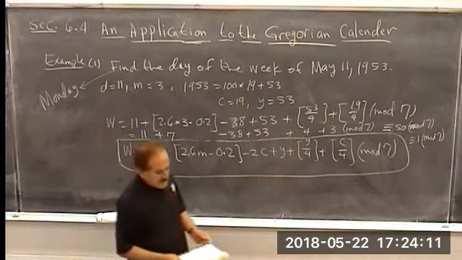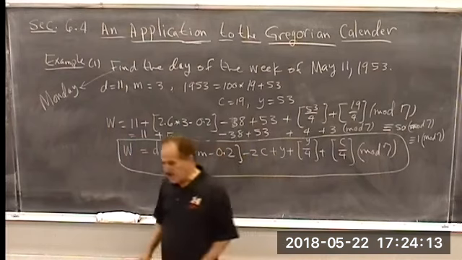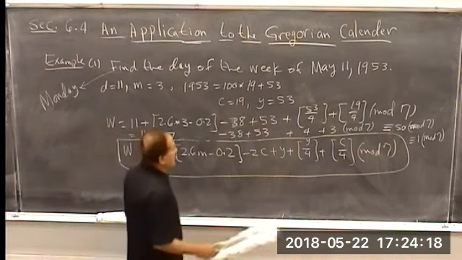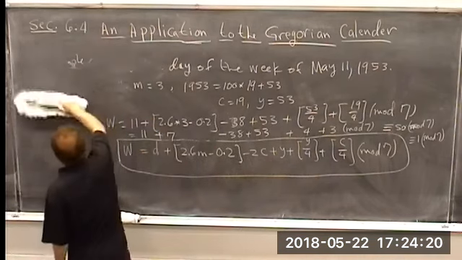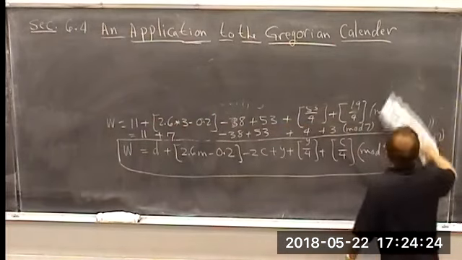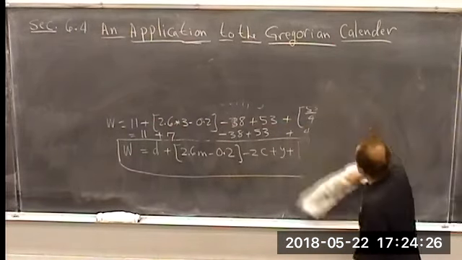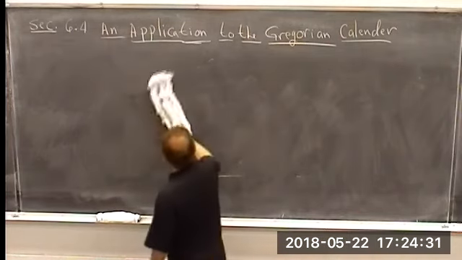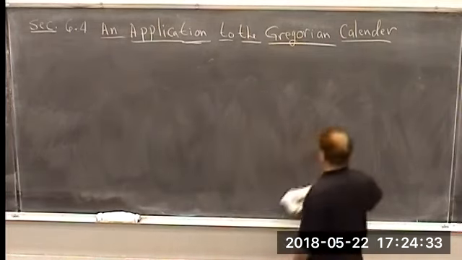All right, let's do a calculation where we use a January, where we have to consider a previous year, okay? Let's look at an example of finding, so this way you can now design your own calendars.